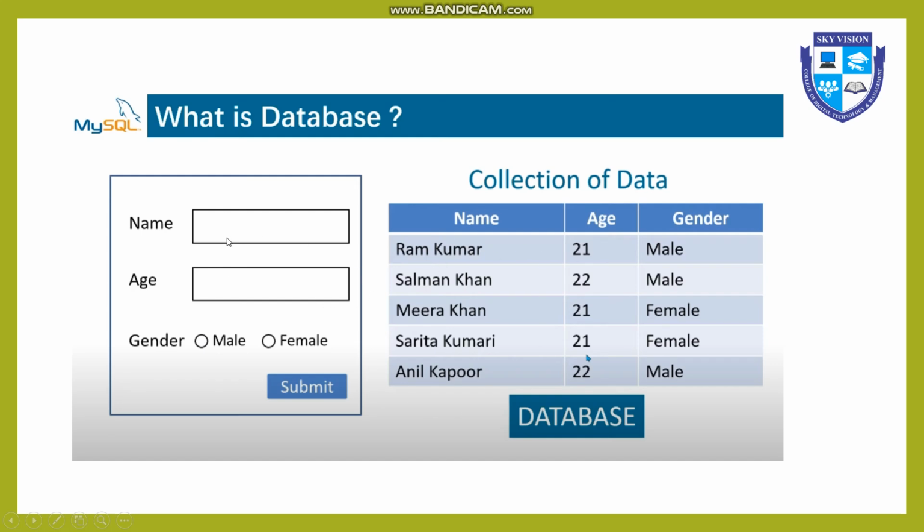When I put in data like name, age, male, female, and click on the submit button, my data goes inside the database. That information is sent to MySQL. When people fill in information, like Ram Kumar, age 21, male, and we click submit, the data goes into my database, where I have a table, and inside the table we have columns and rows. So this is exactly your database.